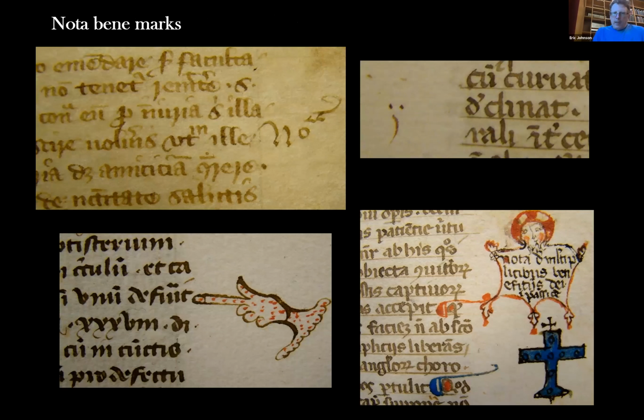These are nota bene marks from a handful of different OSU manuscripts. Up on the left, we have a circa 1400 English manuscript that is a preacher's manual. On the right, we have Gregory the Great's Pastoralia. On the bottom left, we have what I like to call a poxed manicule from a manuscript of 1434, from a text written by a Spanish cardinal named Andres de Escobar.